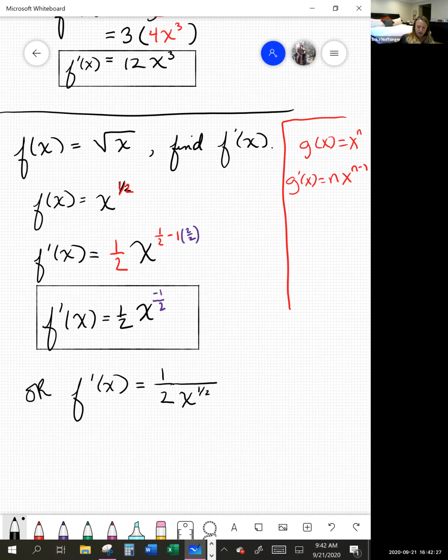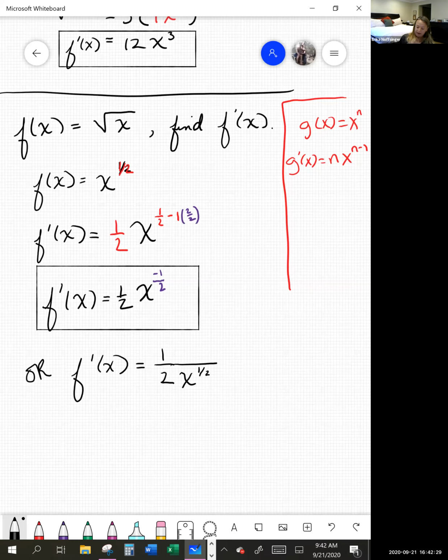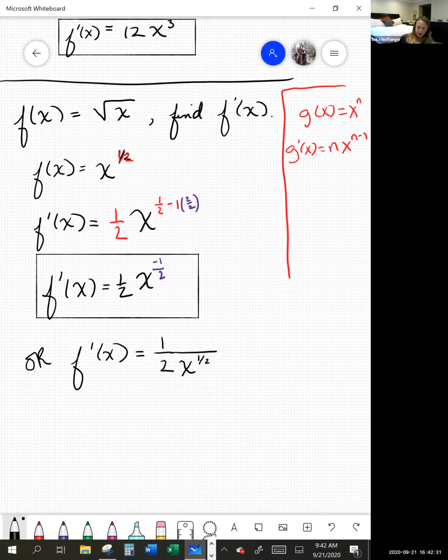So I'd have 1 all over 2 times x to the 1/2 power. And then this is equal to 1 over 2 square roots of x.